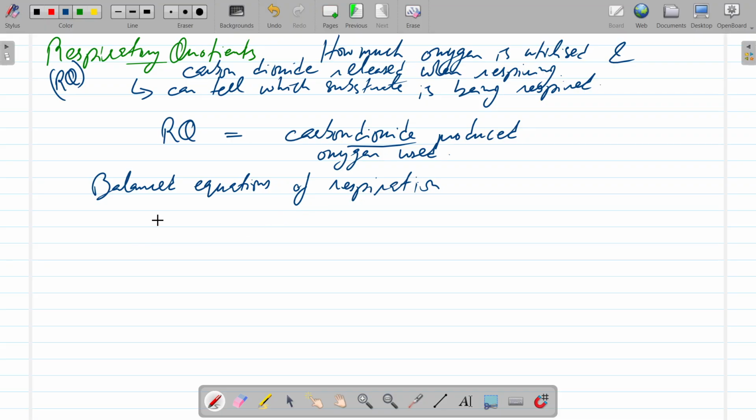So we know that we have glucose, and the balanced equation for that is C6H12O6 plus 6O2 will give you 6CO2 and 6H2O.